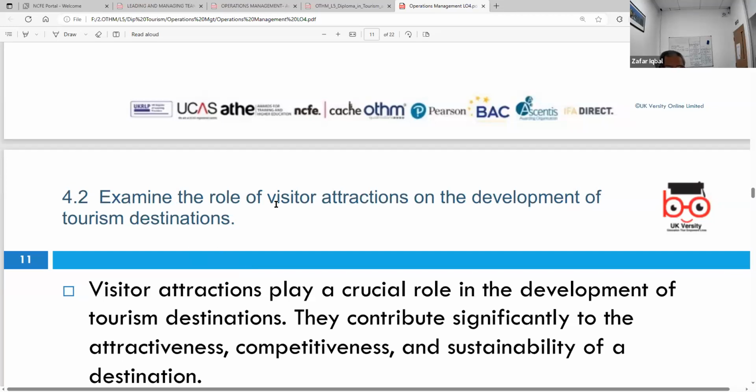Coming on to the role of visitor attraction in the development of tourism destinations. What we mean here is to look at the role visitors play in the development of tourism, what type of visitors go, and what role they play.